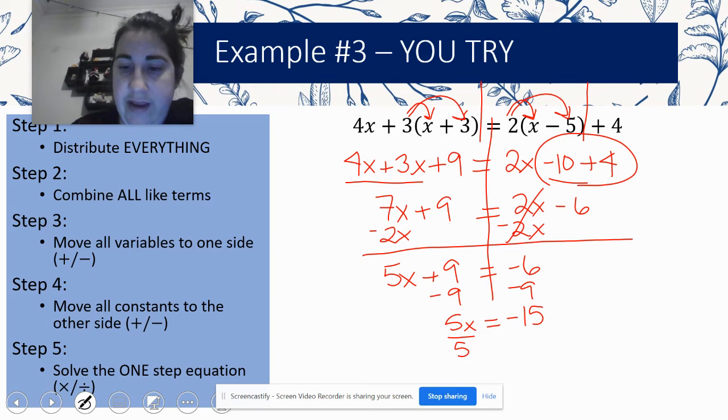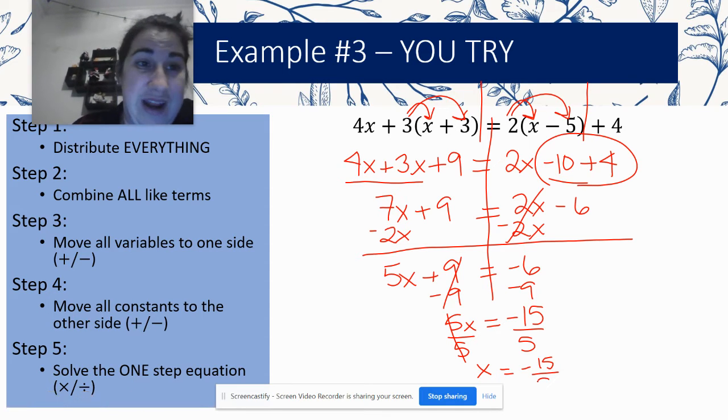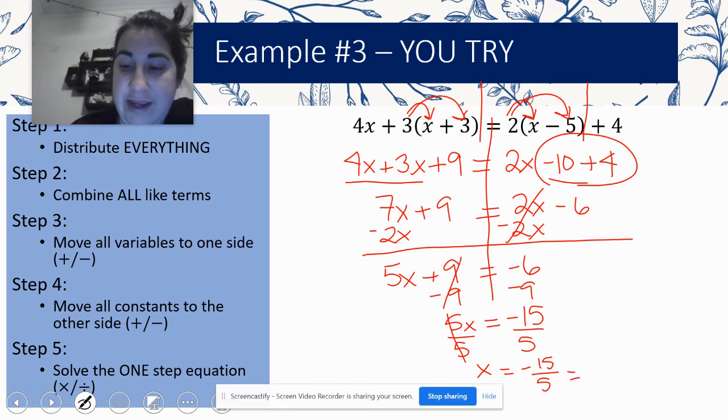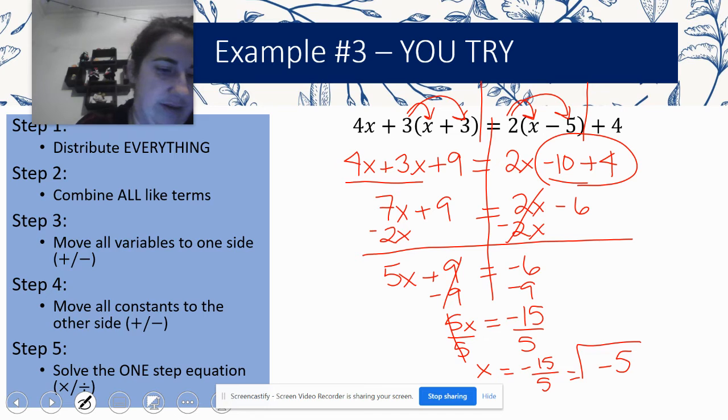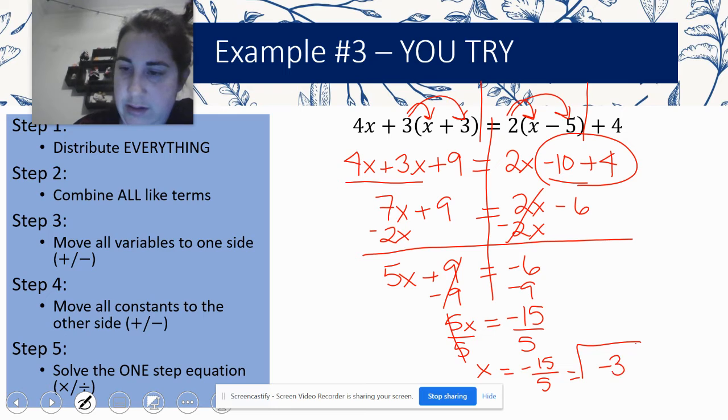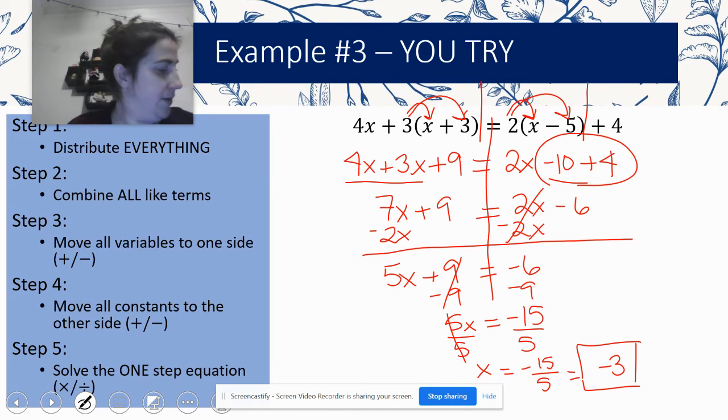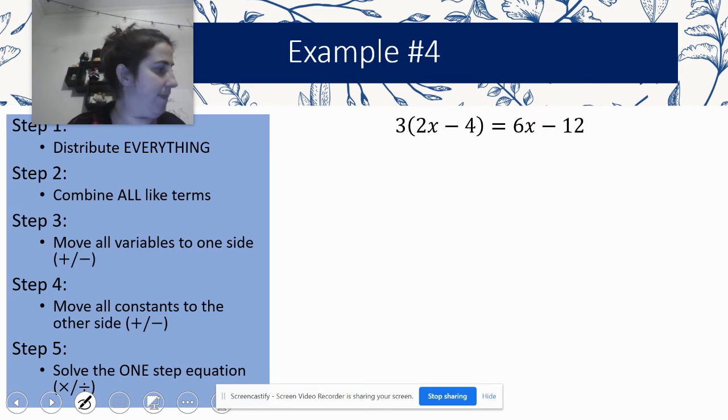Divide by 5 to get rid of the 5. And I get x is equal to negative 15 over 5. But I can actually divide that. So my answer is going to be negative 5. Oh, not negative 5. Negative 3.